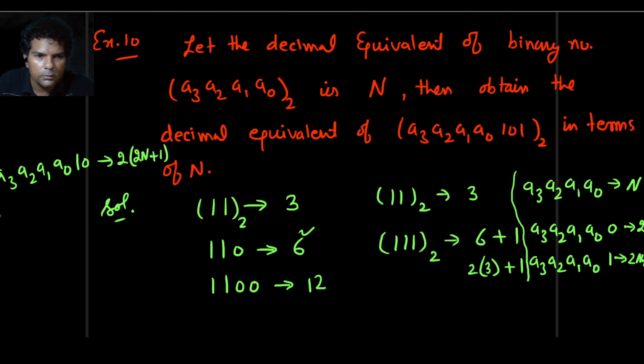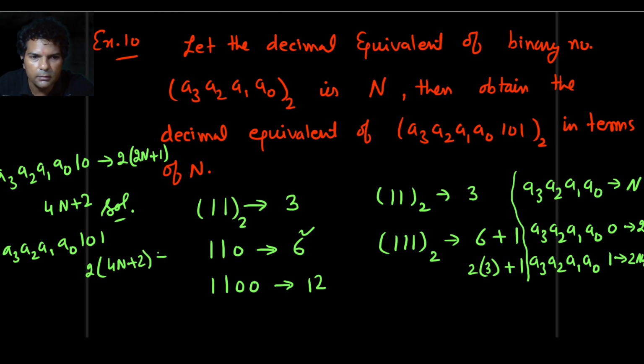So that is 4N plus 2. Now again A3, A2, A1, A0, 1, 0, 1. So 101 is twice the previous value, 4N plus 2, plus 1.